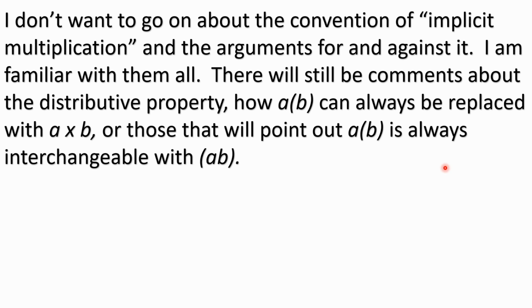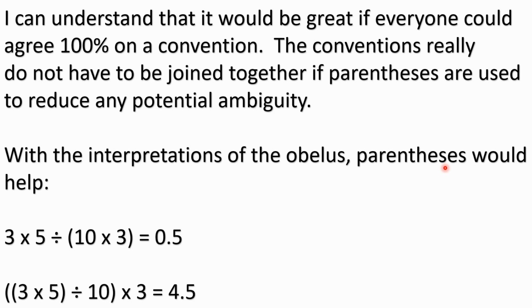So it can't really be both, but I can understand that it would be great if everyone could agree 100% on a convention. The conventions really don't need to be joined together if parentheses are used to reduce any of that potential ambiguity, or to just explicitly call out the multiplication and avoid that whole controversy.